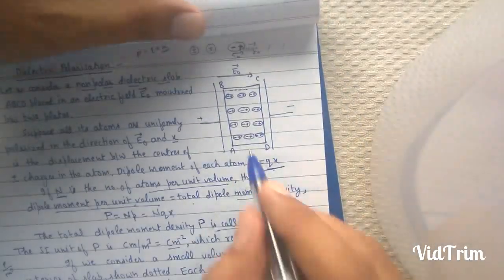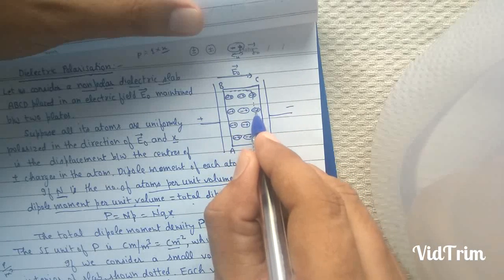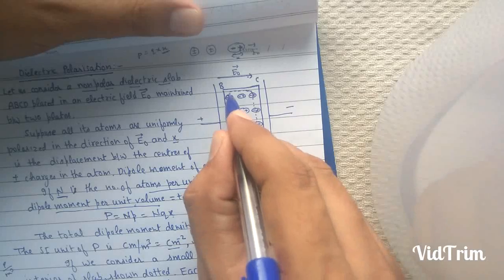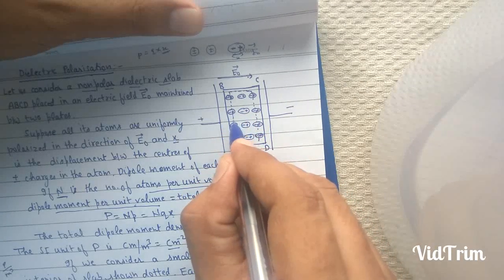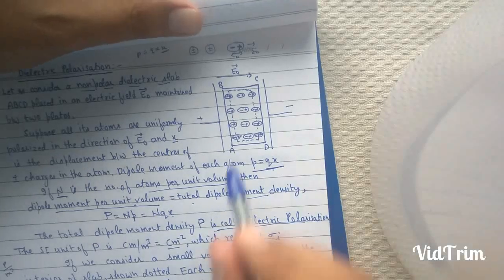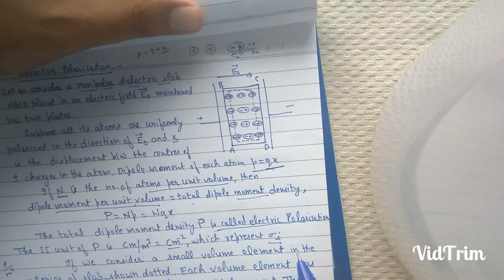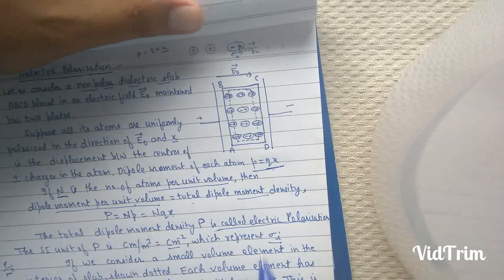If we consider a small volume element in the interior of the slab, shown dotted, then each volume element has no net charge, though it has some net dipole moment.